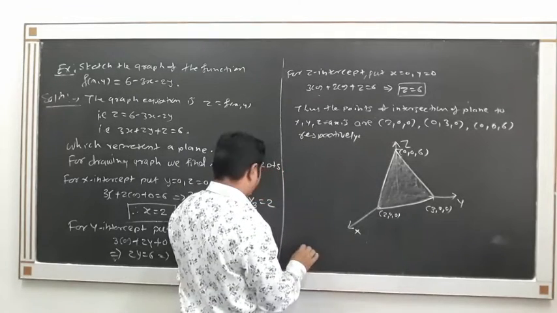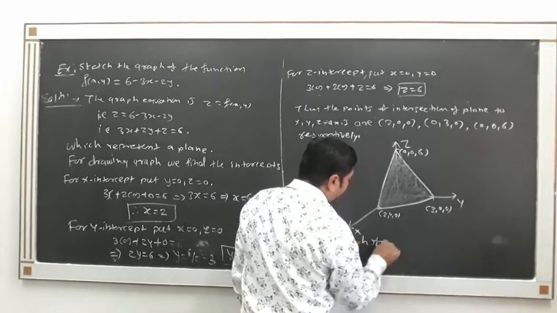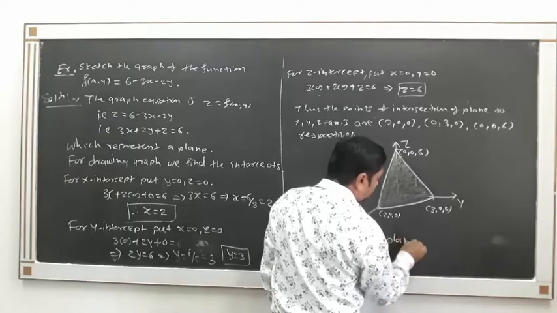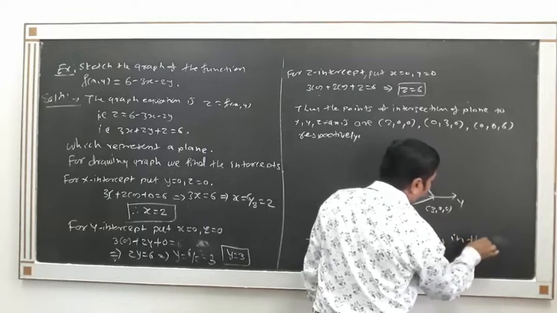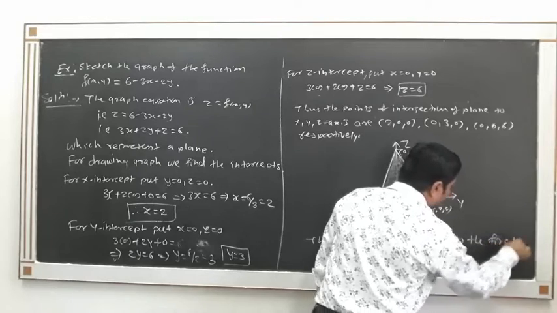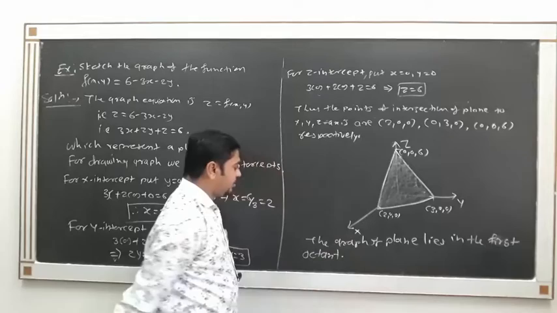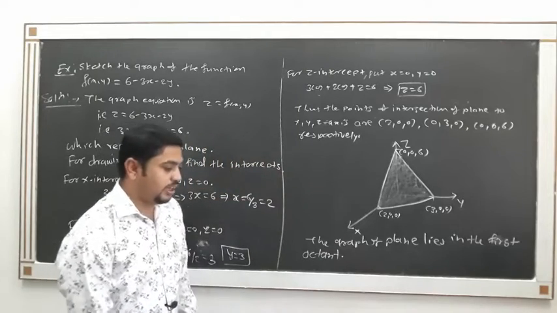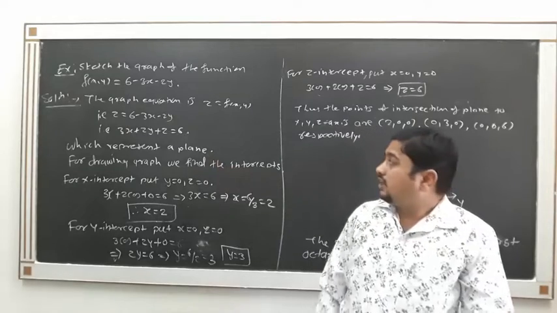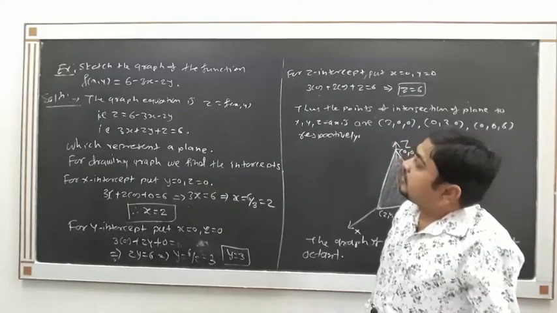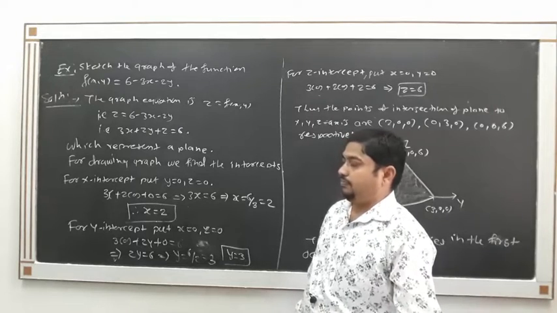Why is it an octant? Because there are 8 parts. Okay, so are you getting this? So we can sketch the graph of the function of 2 variables.